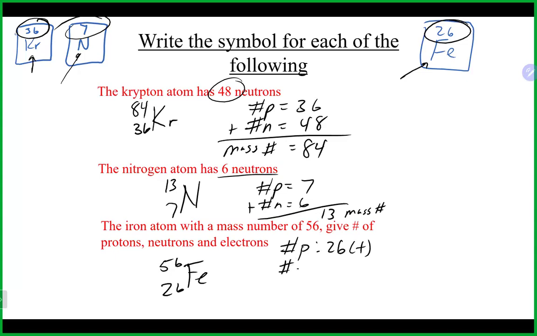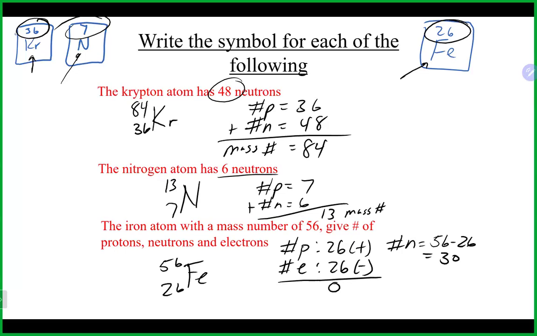Once again, it is neutral, so we could assume that it should have the exact same number of electrons. And once again, here to figure out our neutrons, we're going to take our mass number, 56 minus 26, going to get us a 30 in this case. Yeah. Any questions on any of those?